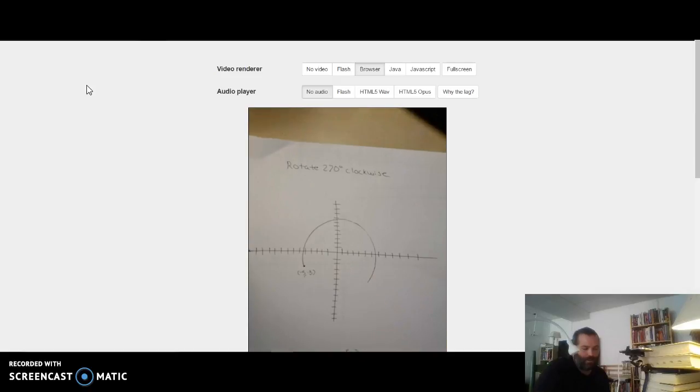So that x here is going to be positive and this y here is going to be negative. So after we rotate this point 270 degrees clockwise, it's going to end up at 3, -5, which is going to be right here. 1, 2, 3, down 5. 1, 2, 3, 4, 5, right there. That's 3, -5. And that's how you rotate a point 270 degrees clockwise.